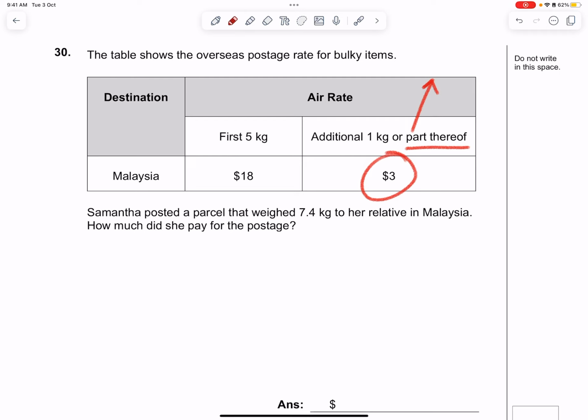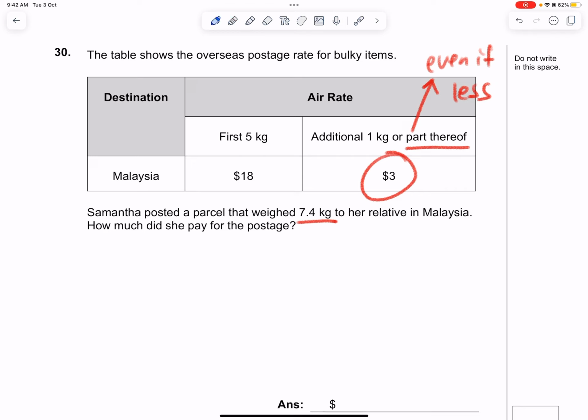There is no such thing as prorating. It will not be less than $3. Samantha posted a package that weighed 7.4 kg to a relative in Malaysia. How much did she pay for the package?